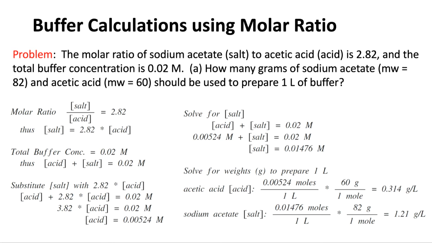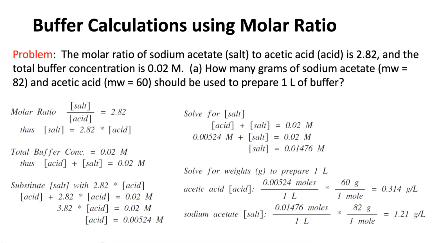So we have solved the weight of acetic acid we need to make a liter of this buffer. The last step is to find the same thing for the salt, the sodium acetate. Its concentration was 0.01476 molar, which is 0.01476 moles over every 1 liter. Let's multiply it by its formula weight, which was given as 82 grams for every 1 mole.